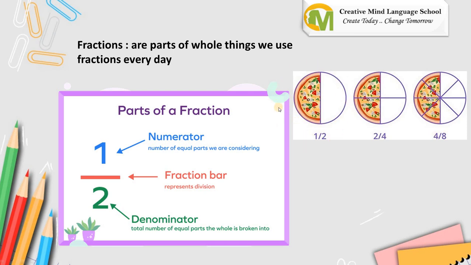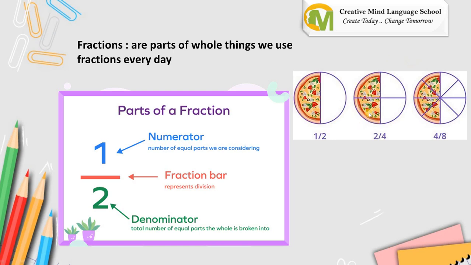This pizza, I take one part from two parts because the pizza is broken into two parts. So I take one. Okay, and I can write it as a fraction, 1 over 2. 1, like the part I take, over the two parts the pizza has. The second pizza, how many parts do I take?